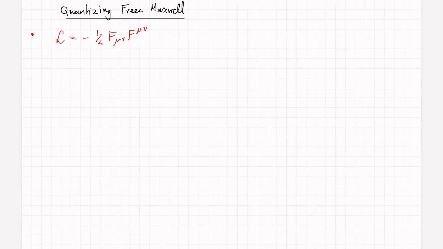Now, if I write it in terms of the components, I have basically these two terms. Notice the time derivatives of the fields, which are the A's, only come from this one. The other has no time derivative because there are no zero indices; everything is spatial, so all the derivatives are gradients.